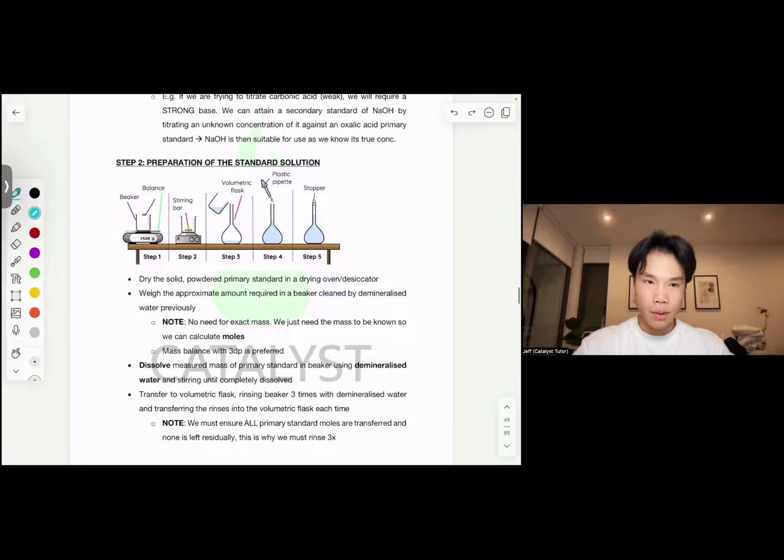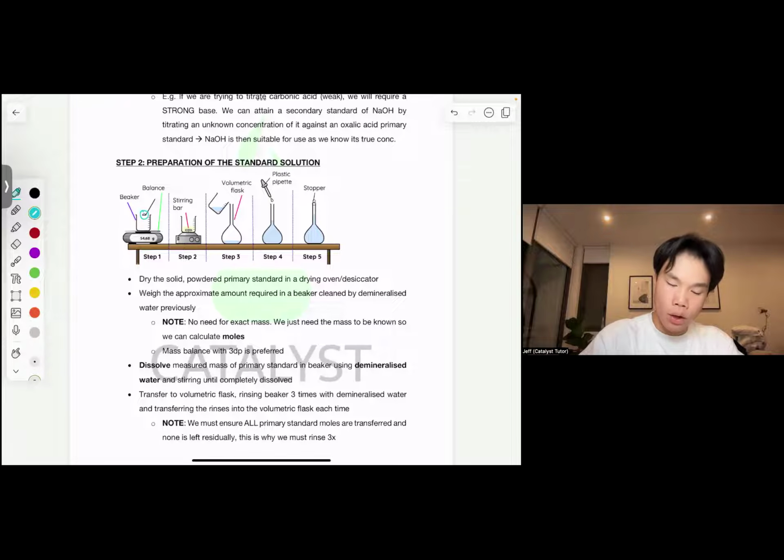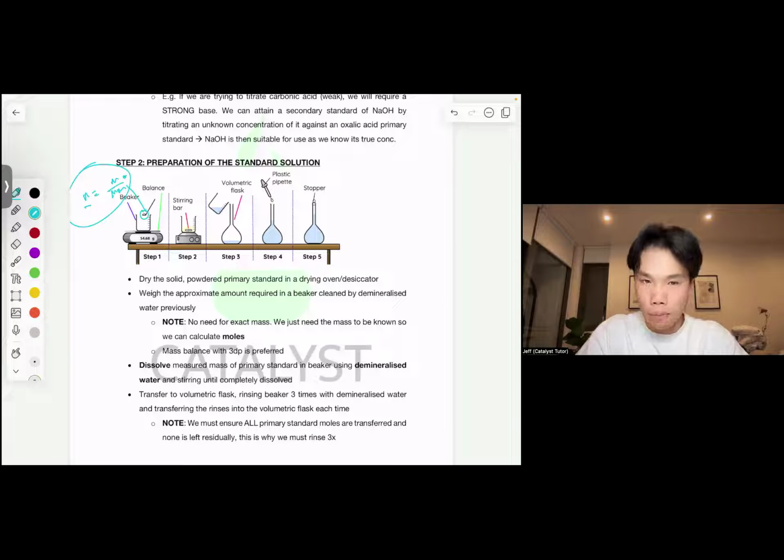To make a standard solution, there's a few steps. You're going to weigh your primary standard on a scale. This gives you mass, and if you know its composition, you divide mass by molar mass to get moles. So you know your moles from weighing your primary standard.